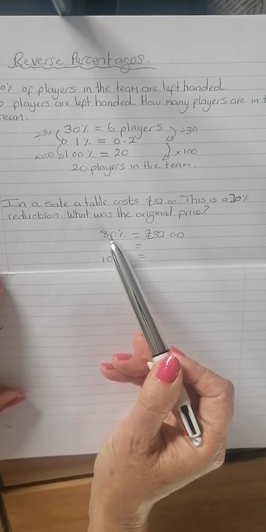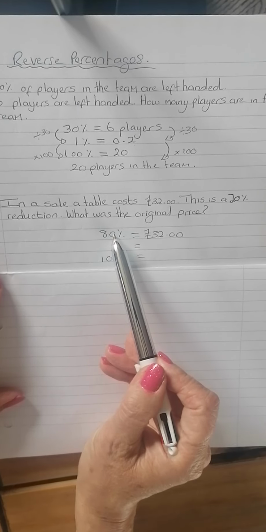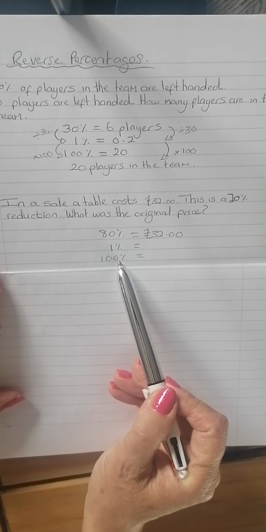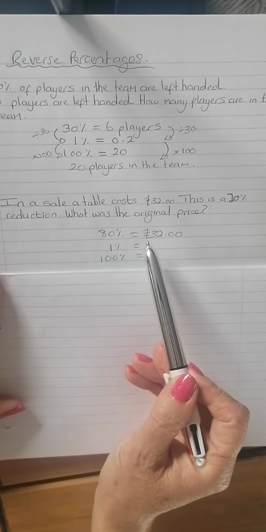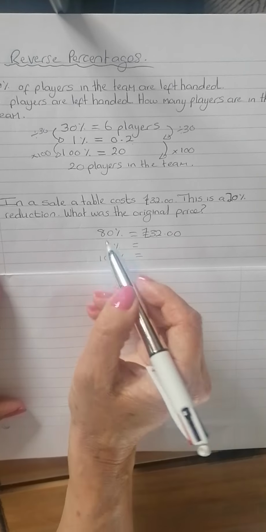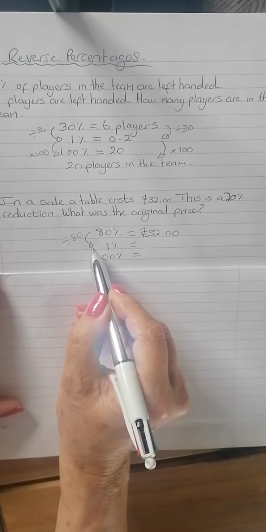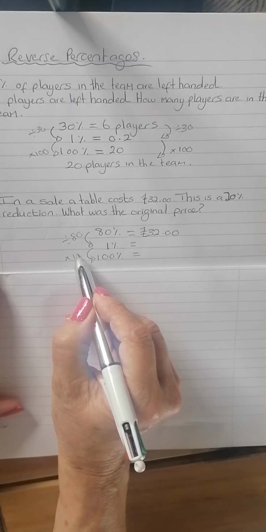So each time, this is the important percentage to find. And each time you take it down to 1%, back up to 100%. And remember, because it's an equation, whatever you do to one side, you do the same to the other side. So to go from here to here, we divide by 80. To go from here to here, it's a multiplication of 100.